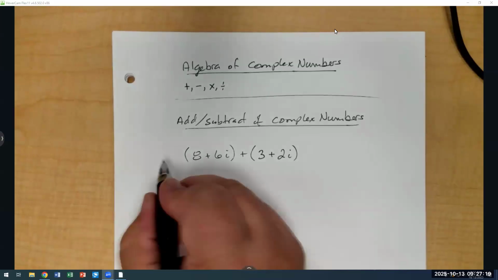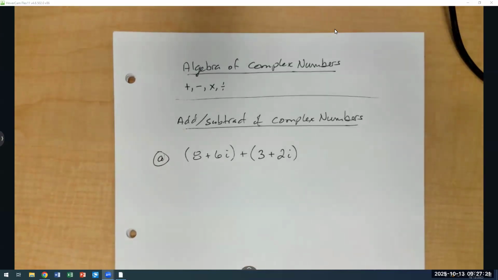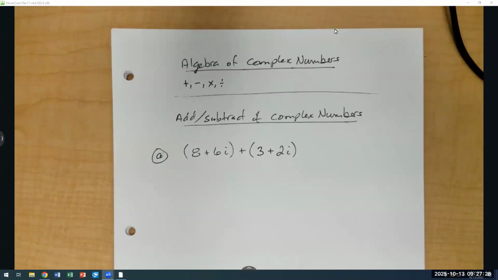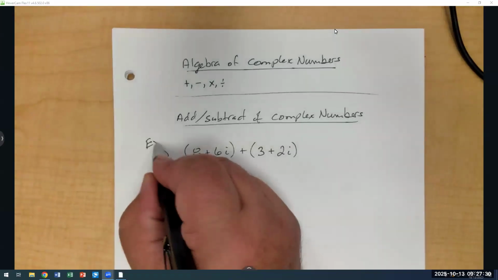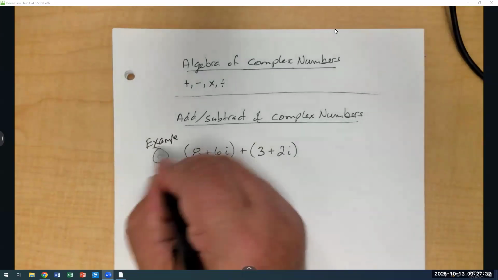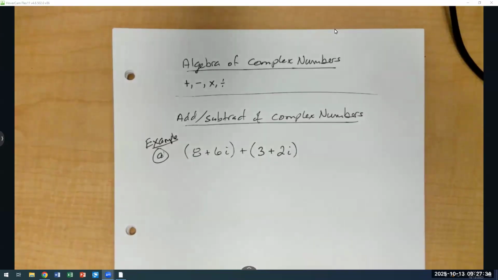Let's look at this one. Well, we solved this one. Is this an equation or an expression?